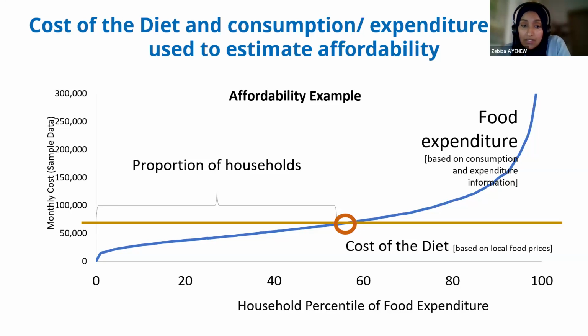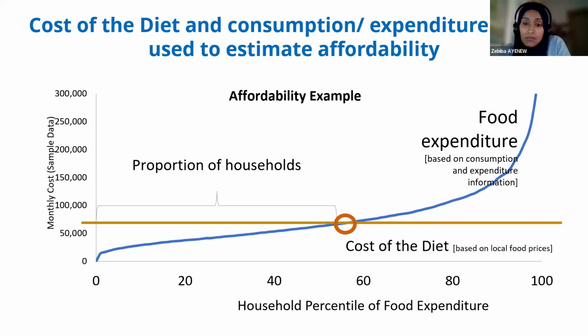Then on the y-axis is the monthly cost of a nutritious diet, which is represented here by the yellow line. It's plotted against the food expenditure values of that representative population.